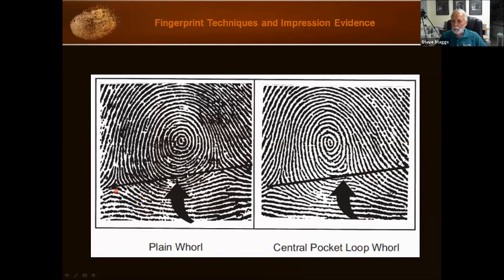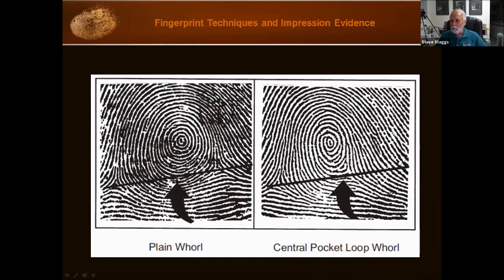Now, this is a plain whorl. We already saw that one. On a central pocket whorl, if we draw a line between the two deltas, if there's no recurving ridge touching the line, then it's a central pocket whorl.